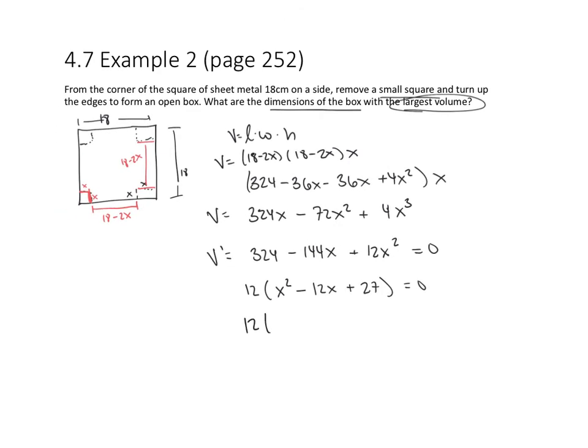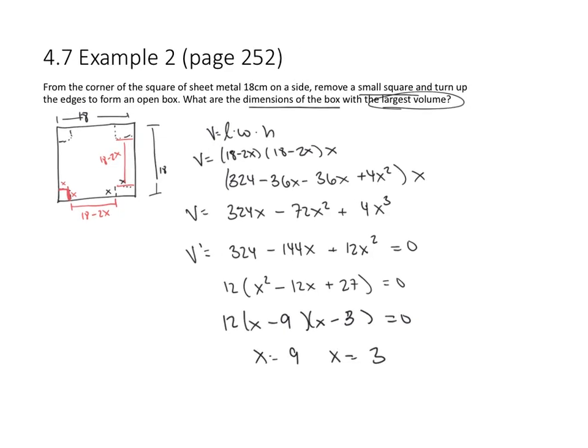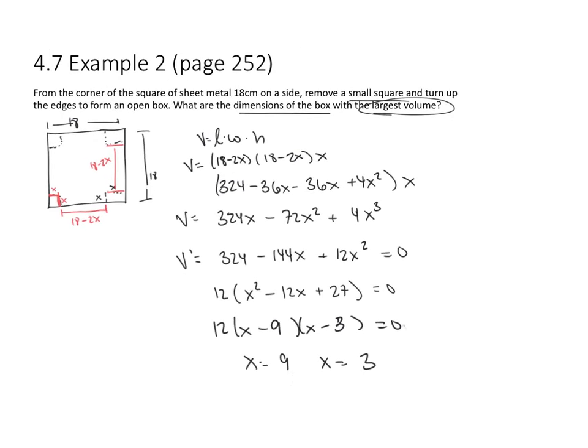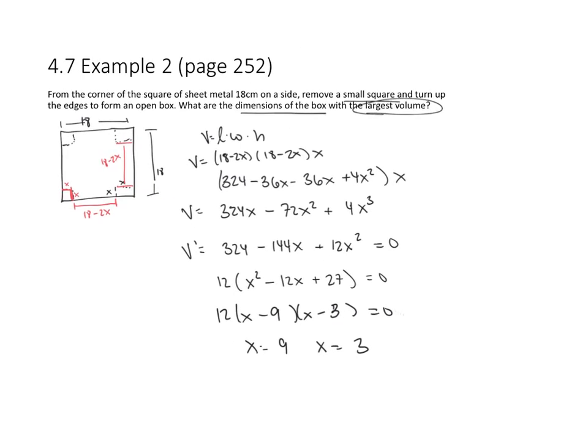And then let's break it into two groups of parentheses. So if I have a minus 9 and a minus 3, I'm going to get a minus 12 and a positive 27. So my critical numbers are x equals 9 and x equals 3. Now it's asking us for the absolute maximum, so I need to take into account the smallest and the largest number possible as well.